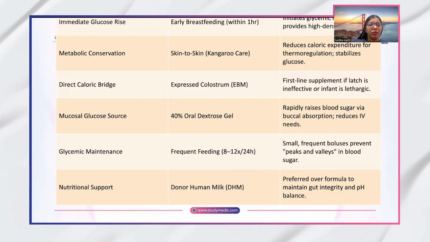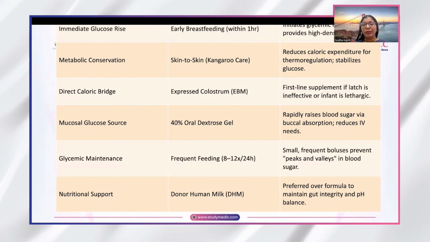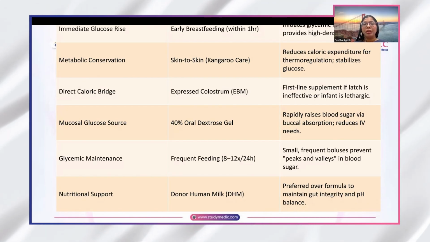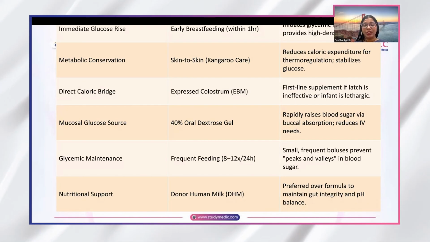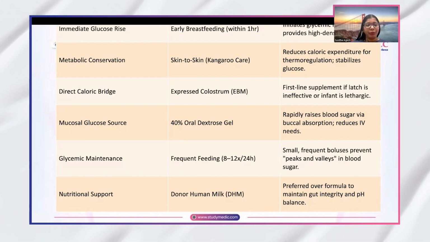So how can we increase the blood glucose of the baby? Metabolic conservation: we can offer skin to skin for the baby. It will reduce the caloric expenditure for thermoregulation, because it will be maintained by the mother's body, and so it stabilizes the glucose. Then direct calorie bridge: we can inform the mother to express colostrum.